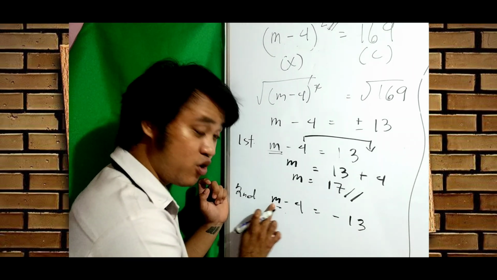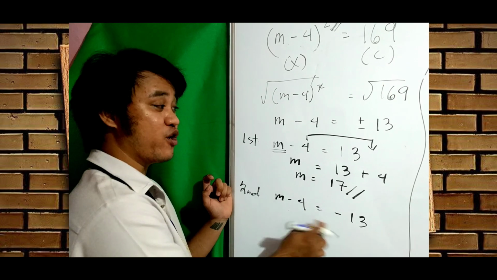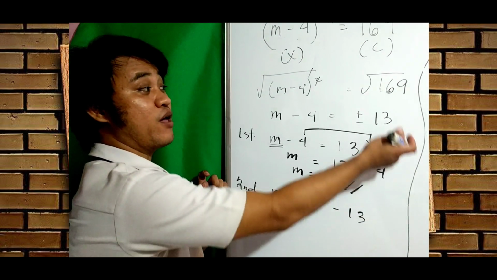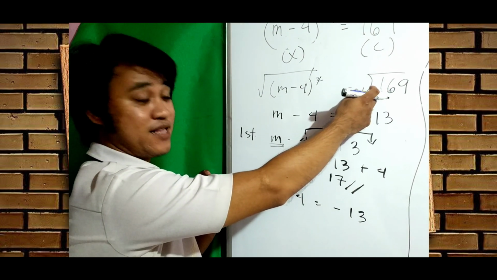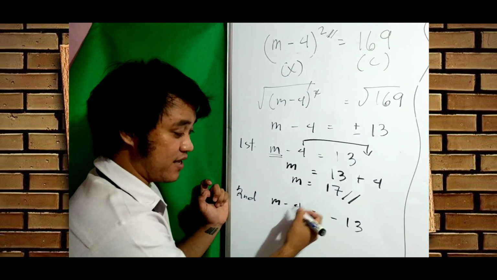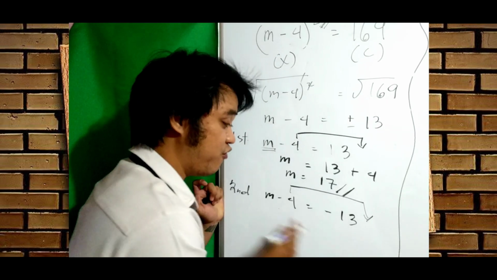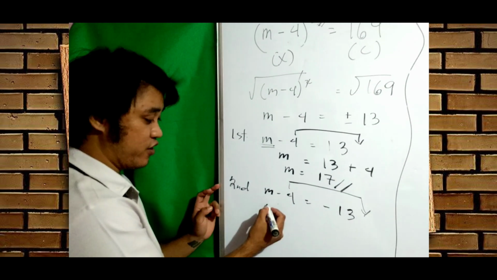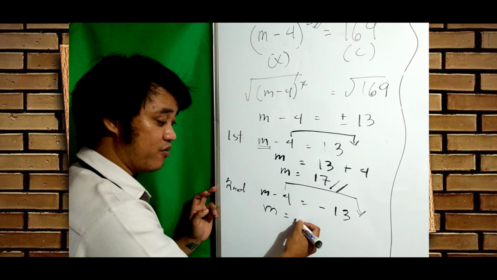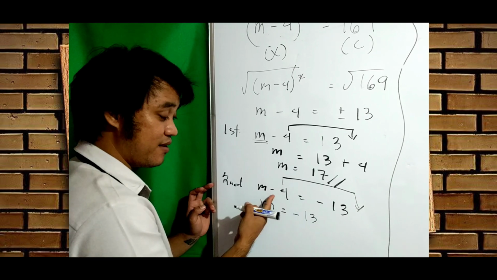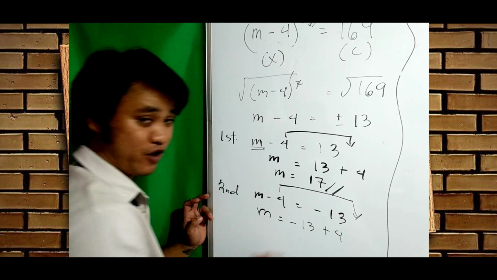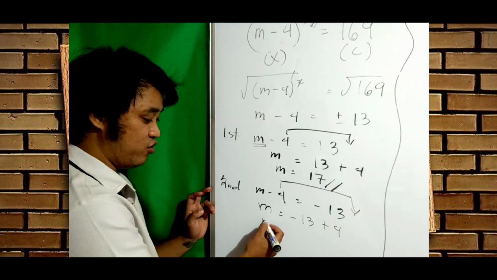Next, for the second solution set, we have m - 4 equals negative 13 from your square root of 169. So again, isolate letter m. We transpose now negative 4, it will become positive 4. m is equal now to negative 13 plus 4. So do your integers.